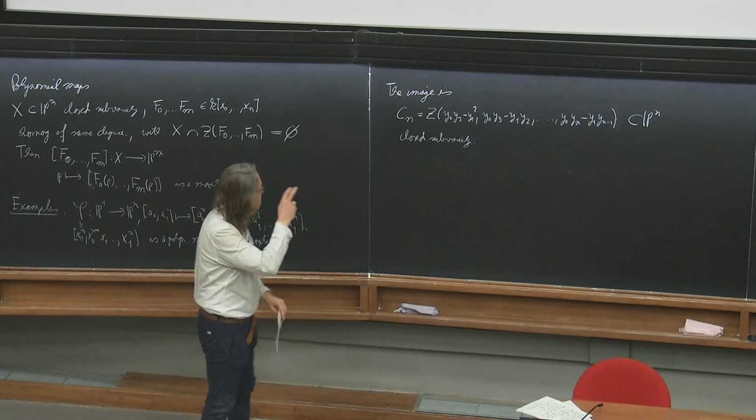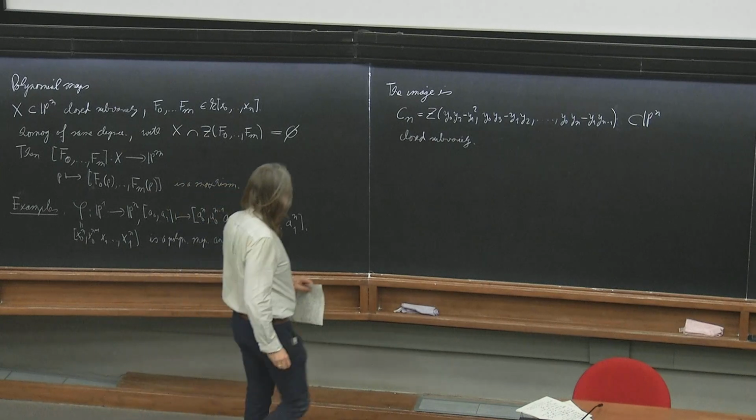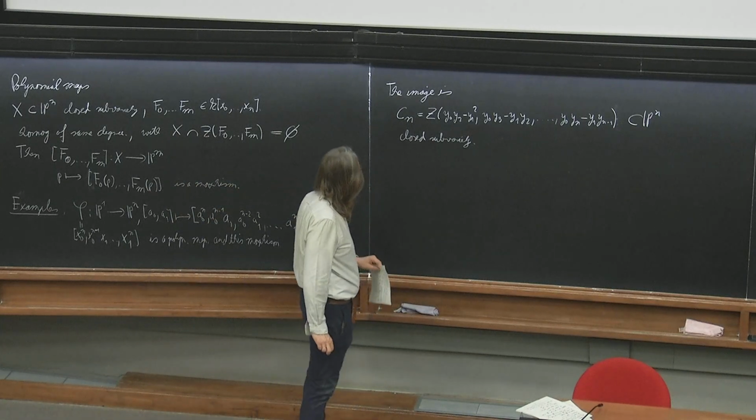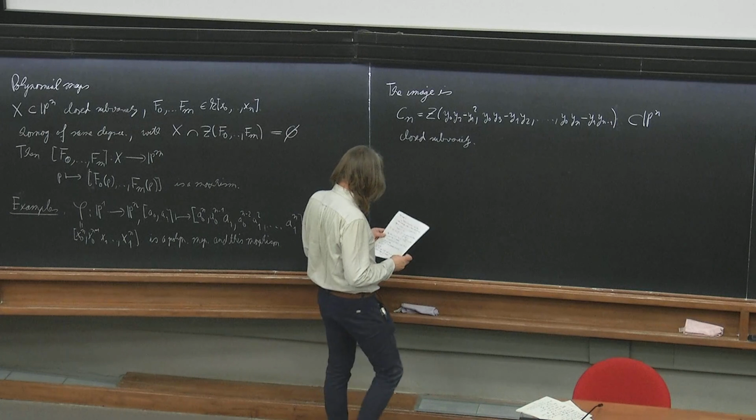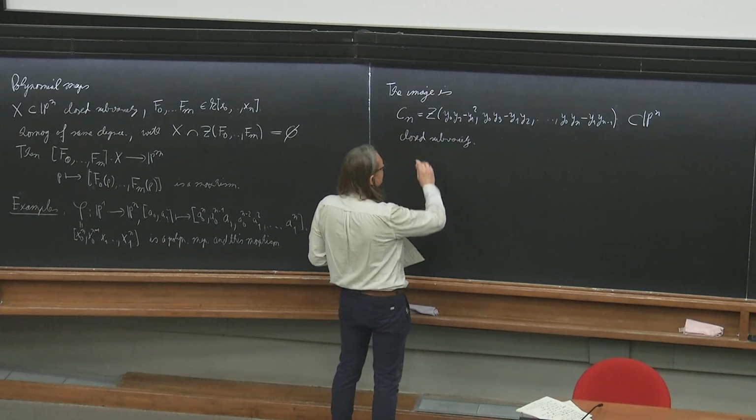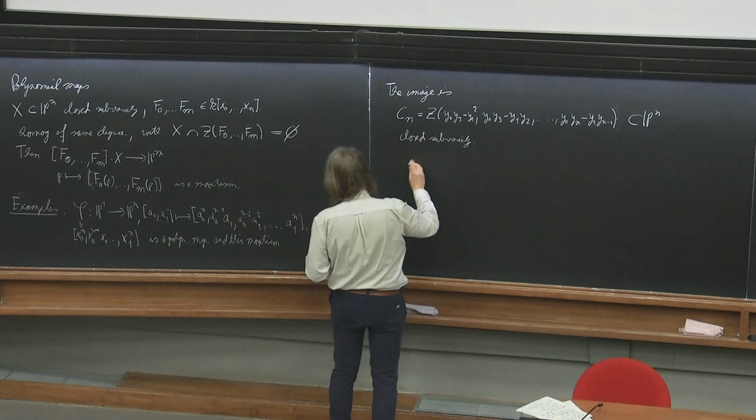So it's a trivial argument which shows that the image of something irreducible under a morphism is always irreducible. And I claim this map is an isomorphism.